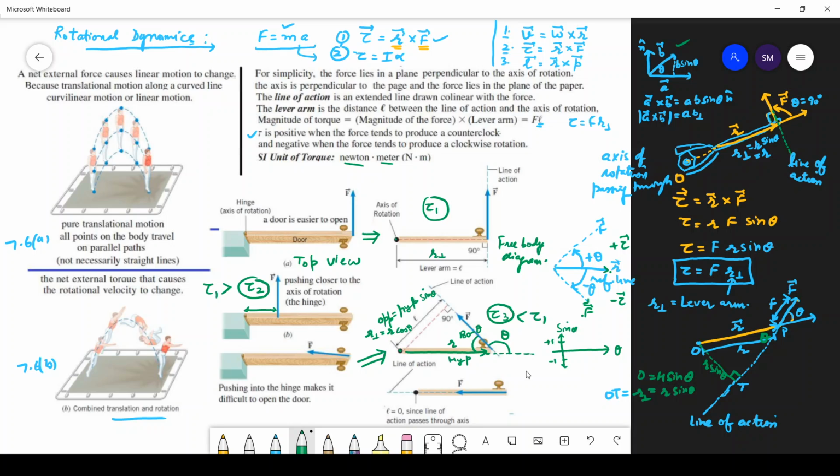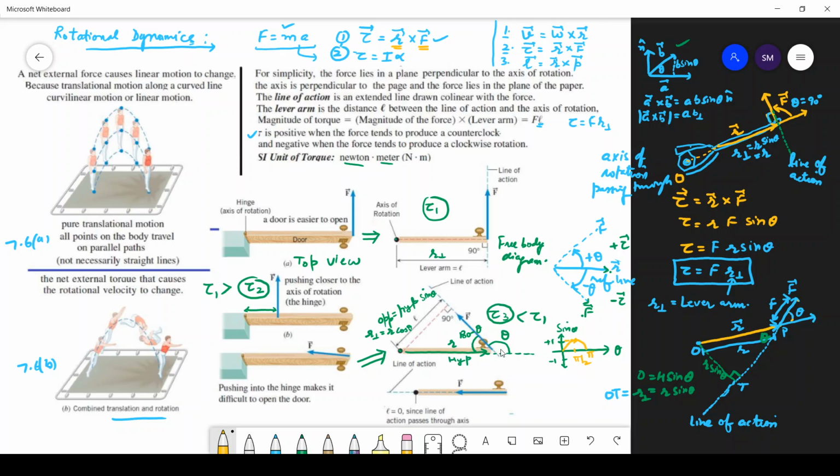So sine 0 is 0, right? Your graph starts from here and it reaches maximum at pi by 2, and then again it becomes 0. So the value of sine is maximum at 90 degrees. It is lesser than 1 if the angle is between 0 and 90, and also lesser than 1 if the angle is between 90 and 180. So the torque is maximum at 90.